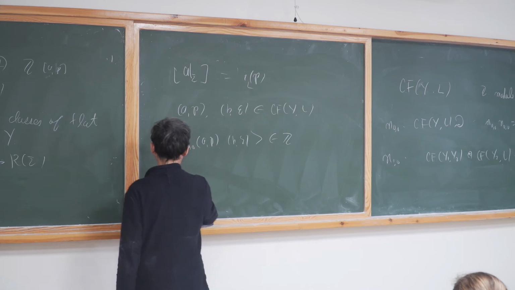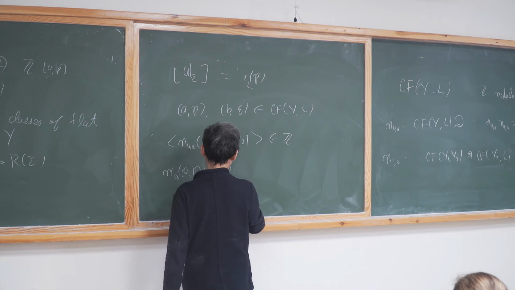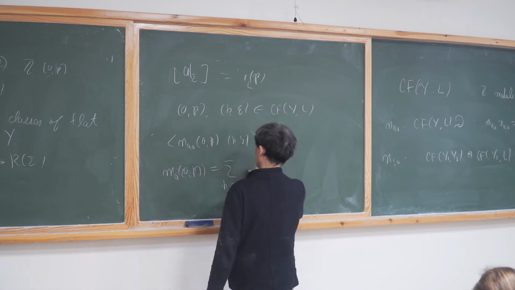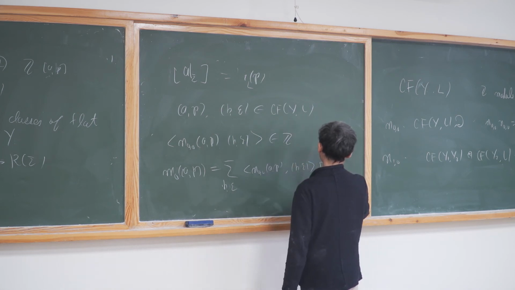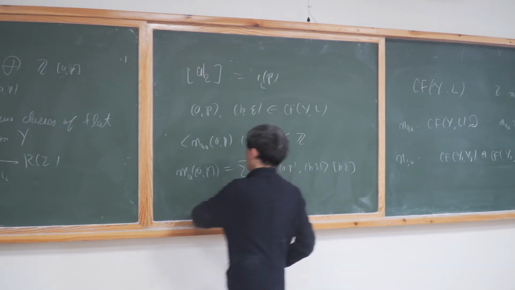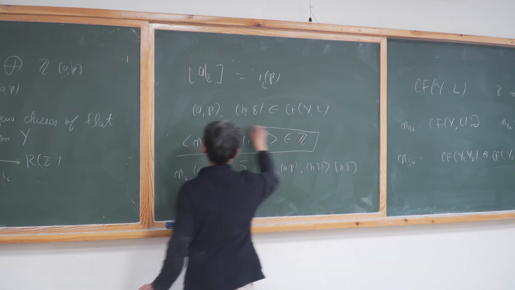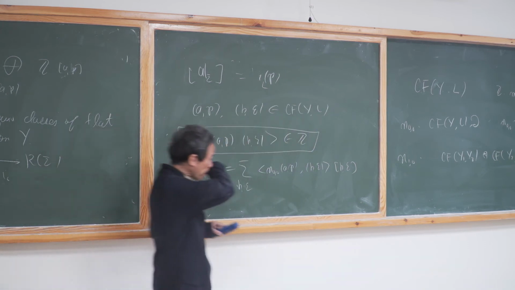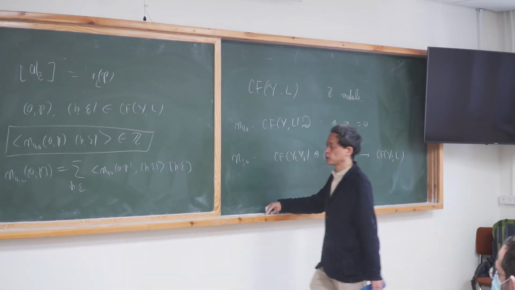And the boundary of AP is a sum over BQ of these integers. So this is somehow the way to define it, and the main thing is to define this integer.